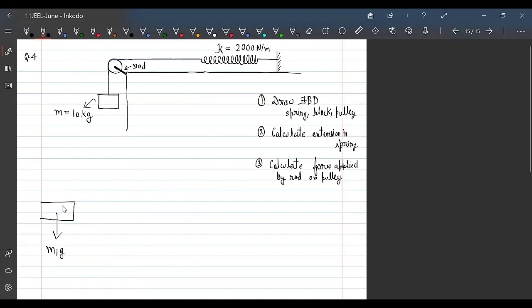That will be 100, and in the upward direction there will be tension. If I draw the FBD of the pulley, so pulley में ऊपर और sideways tension लग रहा है. So this rod will have to apply a force in this direction. Let me say कि rod ऊपर की direction में force लगा रहे हैं, reaction force in the y direction, और एक आगे के direction में force लगा रहे हैं, that is the reaction force in the x direction.